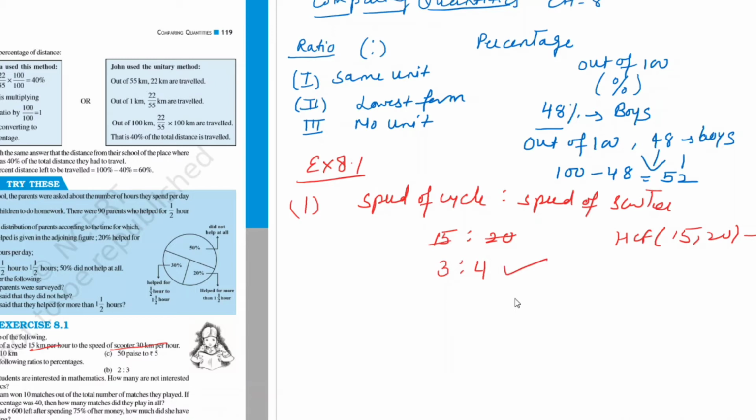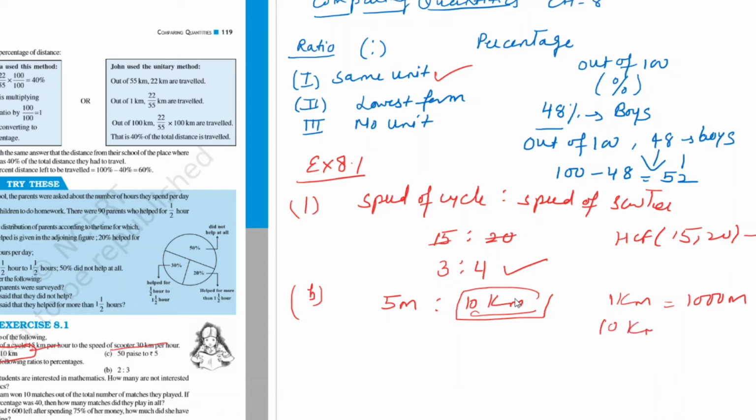Moving to the second part, we have to find the ratio of 5 meter to 10 kilometer. So this is 5 meter and this is 10 kilometer. The important part was that they should be in the same unit, and they are not in the same unit. So this will be converted into meter. 1 kilometer is how much? 1 kilometer is 1000 meter.